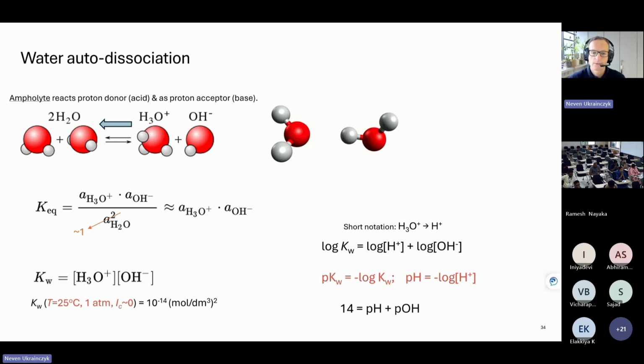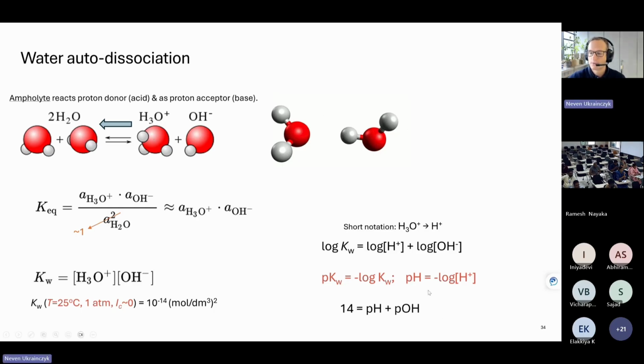You see it's 7 for neutral water. And this basically, first you measure that you have only what is the concentration of H plus, and you can calculate it by reversing the logarithm. So the 10 to the power of minus 7, this is the amount of H plus you have in water.